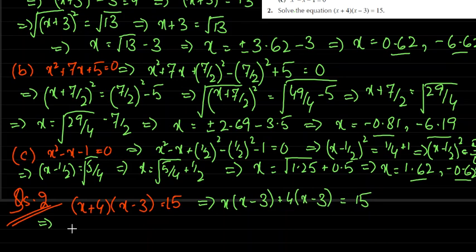Therefore it is x square minus 3x plus 4x minus 12 is equal to 15.